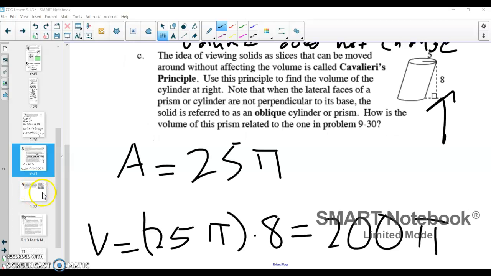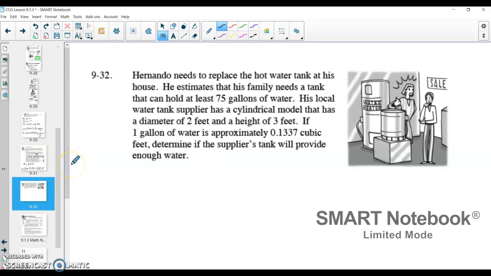We are going to wrap this up with one last problem, 9-32, a problem that I love, a cool application problem. We have to replace a hot water tank, and he estimates that his family needs a tank that can hold 75 gallons of water. His local water tank supplier has cylindrical models that have a diameter of 2 feet and a height of 3 feet.